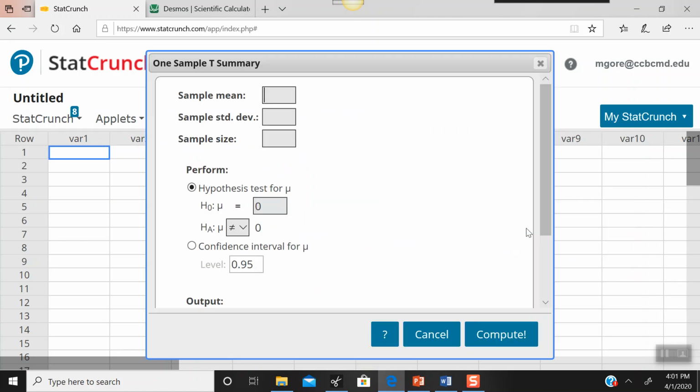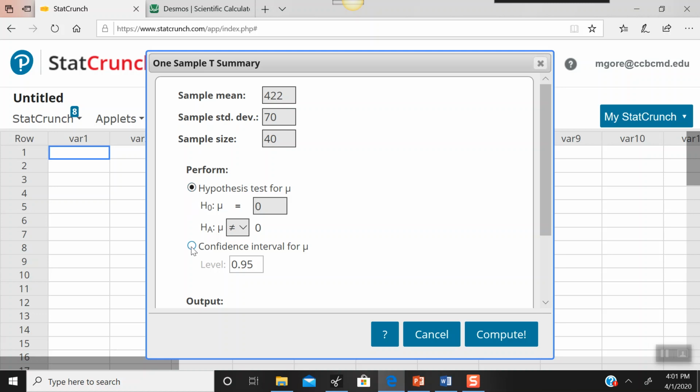So when we do this, we'll get queried for some of the things we already know. What was our sample mean? Well, that's the $422. The sample standard deviation was 70. The sample size, 40 individuals, 40 students. Right now it's set up for a hypothesis test. That's not our aim.